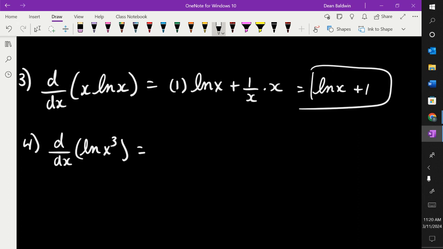What about this? Natural log x cubed. There's a couple different ways to do this. That's what I would do, right? If you have an exponent on the argument, you can drop that down.